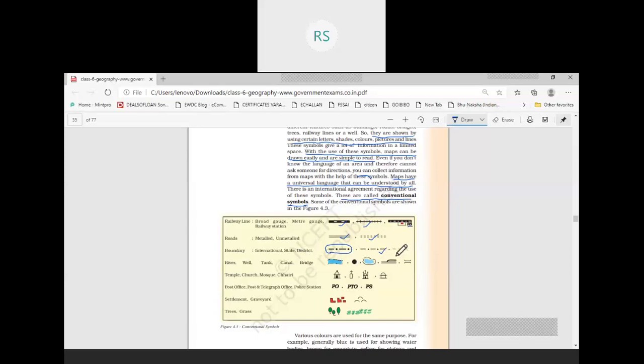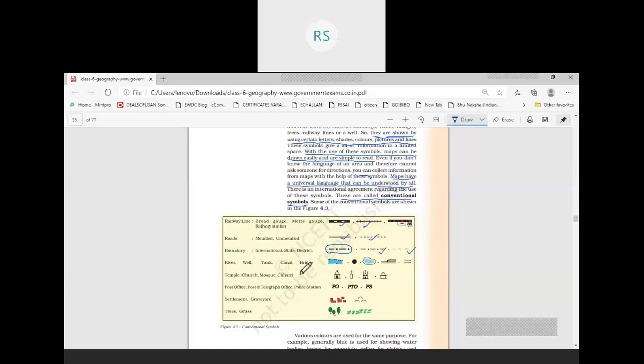The boundary between two different districts is shown by this line. Two districts like Varanasi and Jaunpur, Varanasi and Chandauli. These can be shown by this symbol.